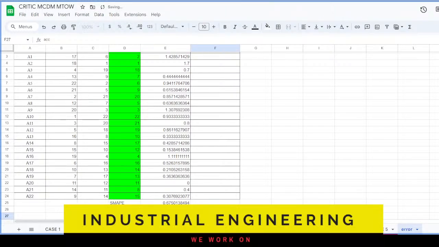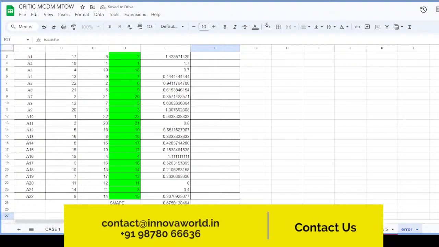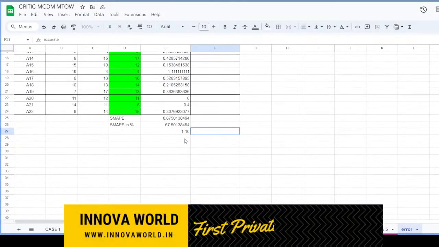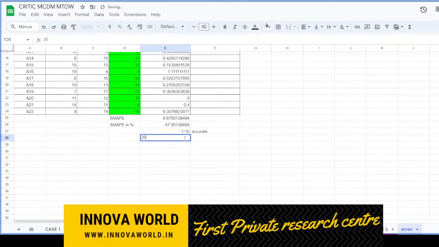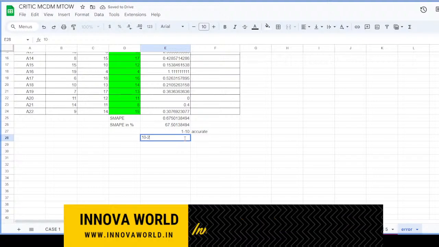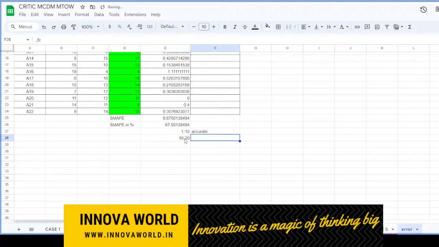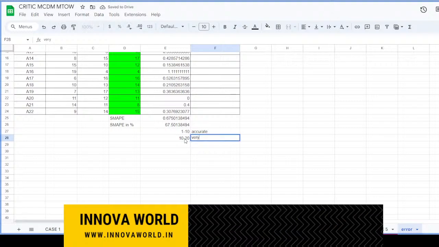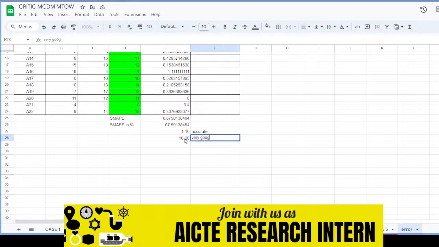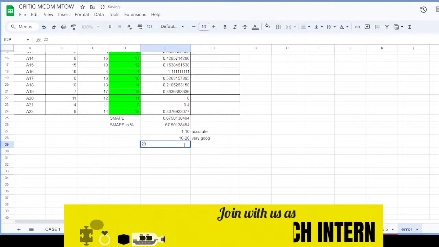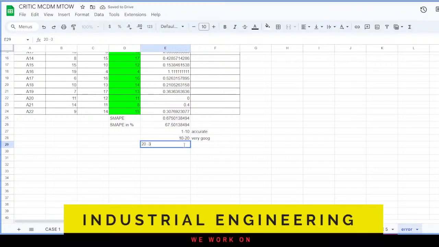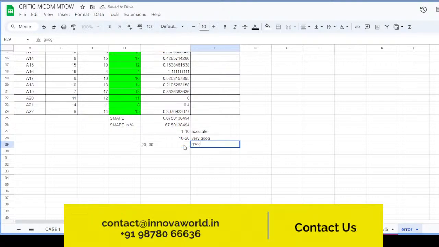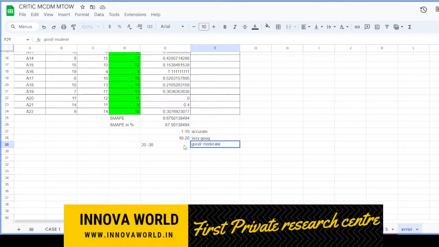If it is 10 to 20, it is very good. 20 to 30, it's good, also known as moderate.